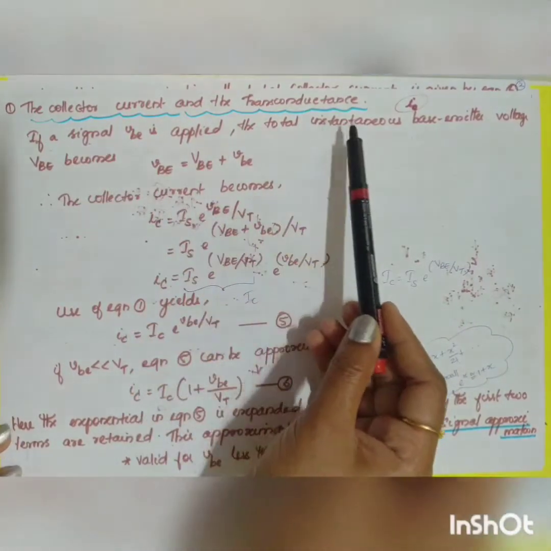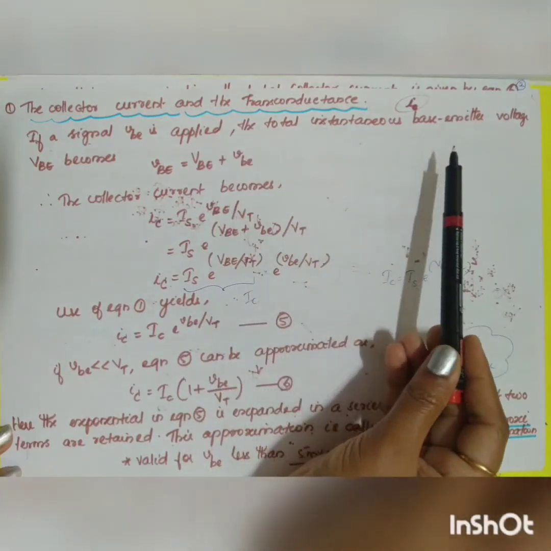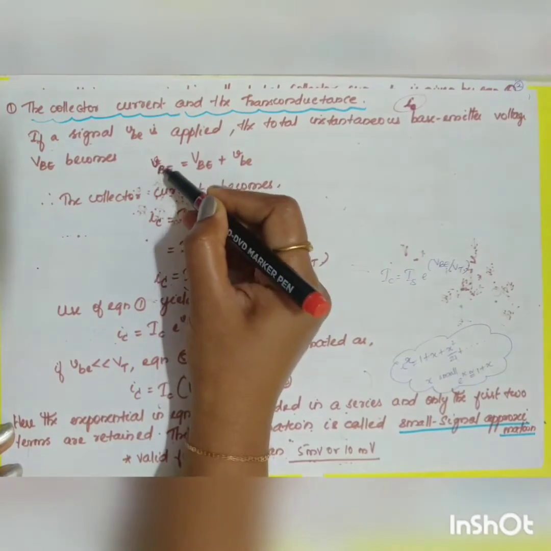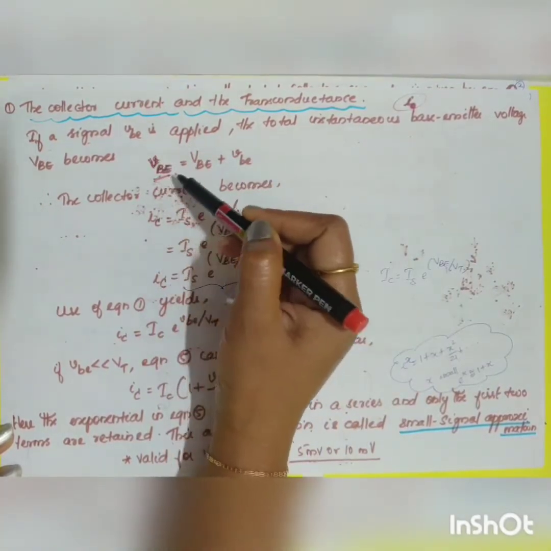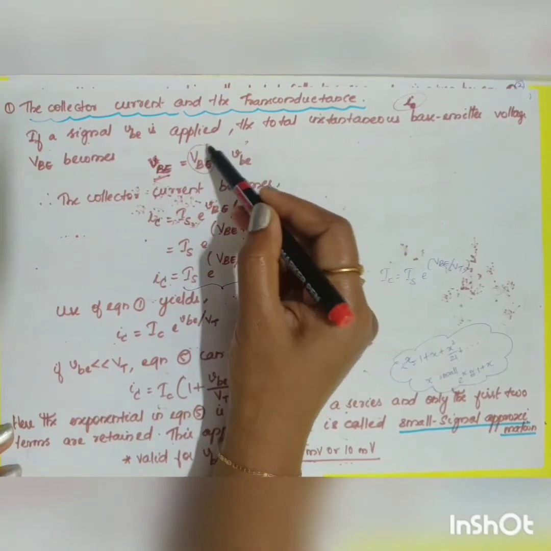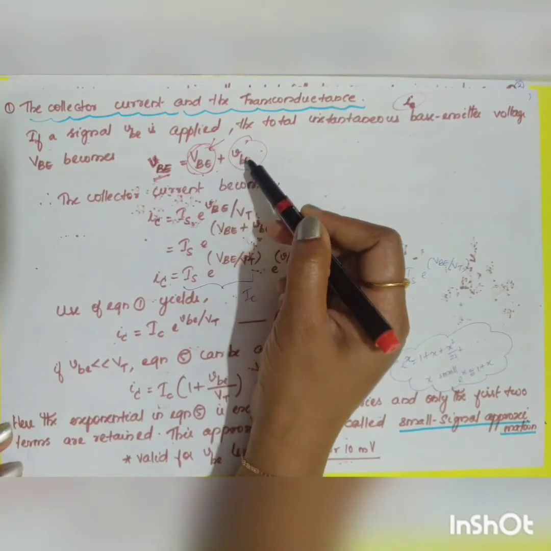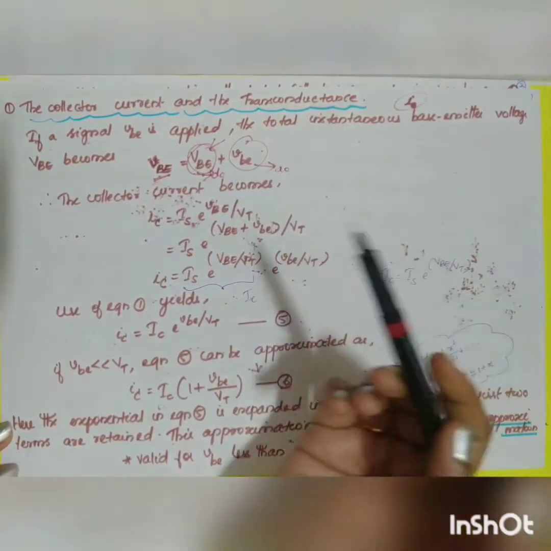For that you have to begin with, if a small vbe is applied, the total instantaneous base emitter voltage vBE becomes, what will be your total voltage? Total voltage is given by VBE is equal to the DC plus your AC VBE, right? So VBE plus small vbe. So this stands for DC and this stands for your small AC signal vbe.